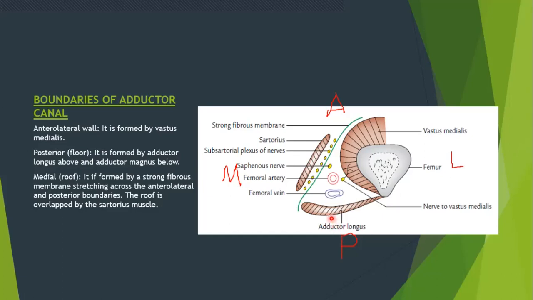So please know those boundaries. Some of the contents are the femoral vein, femoral artery, nerve to vastus medialis, saphenous nerve, and then just beneath the sartorius but superficial to the strong fibrous membrane, you have the subsartorial plexus of nerves.